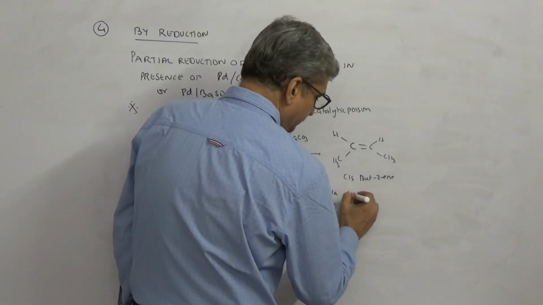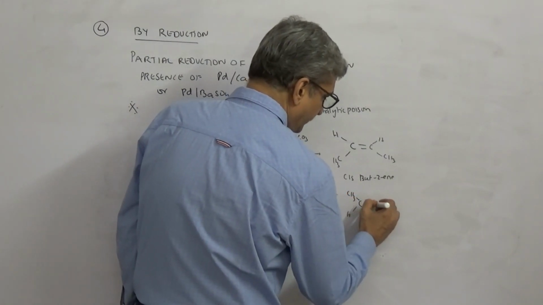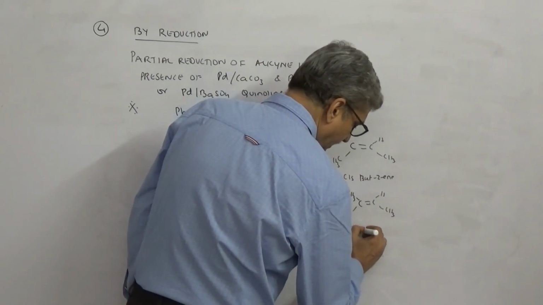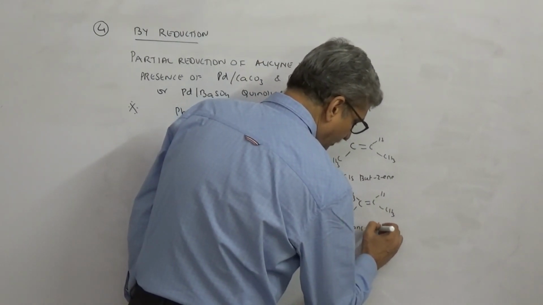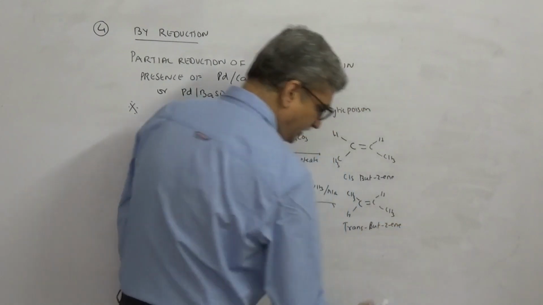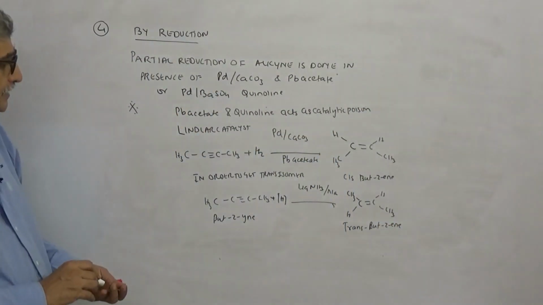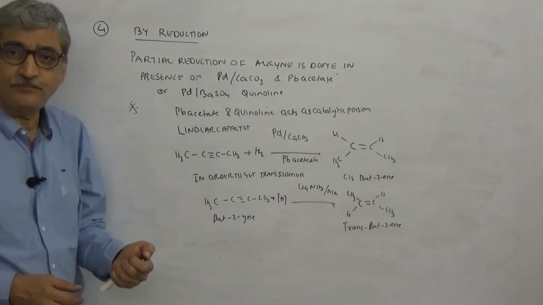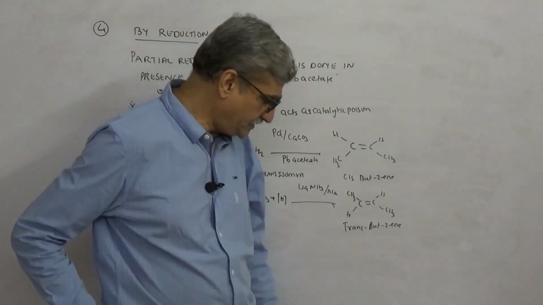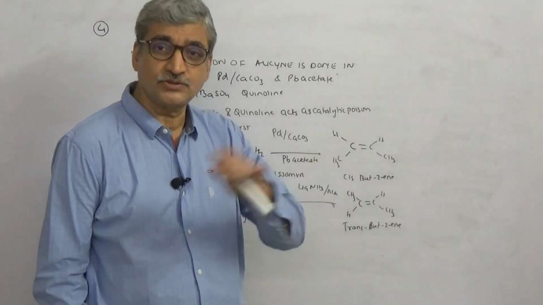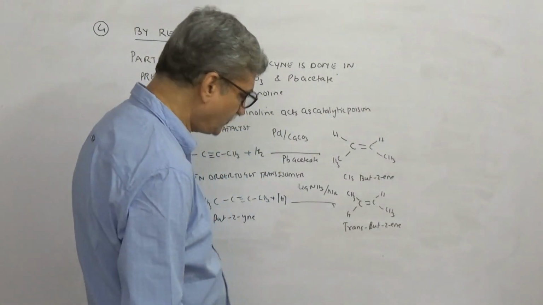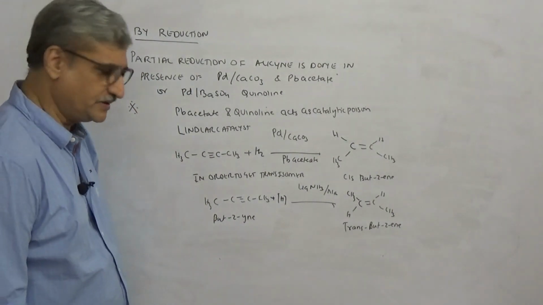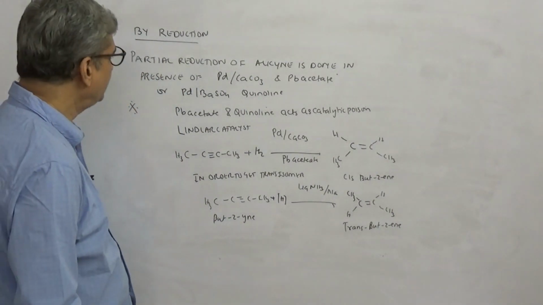It will give CH3-CH=CH-CH3, so this will give trans but-2-ene. Are you understanding? So this reduction itself, I would say, is a very important topic, because a lot of time they ask questions on which is the cis isomer and which will form the trans isomer. It is clear. So it's basically an addition reaction, or addition of hydrogen. So addition of hydrogen is nothing but reduction.